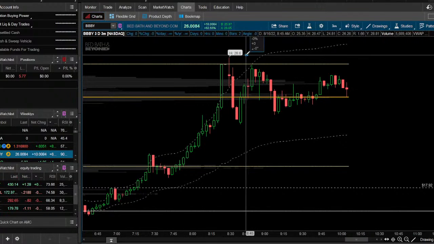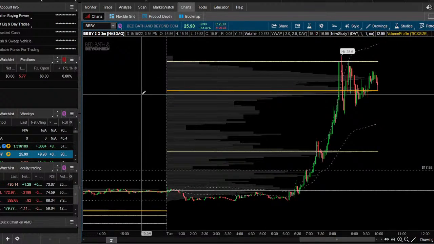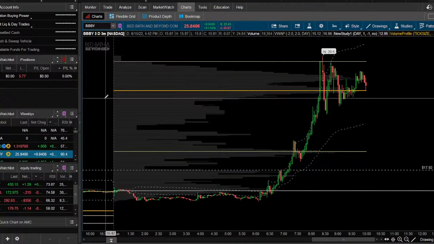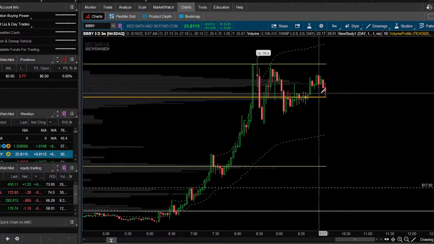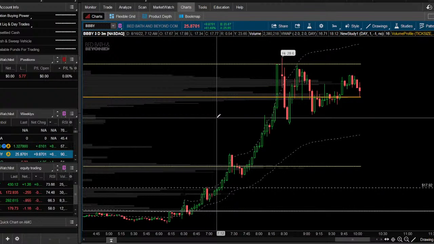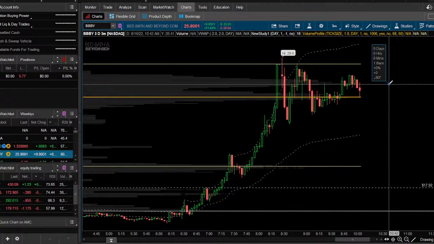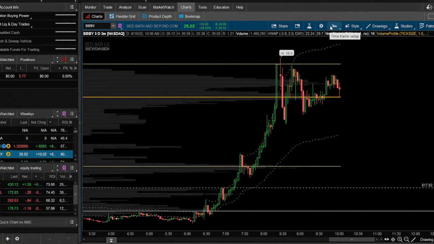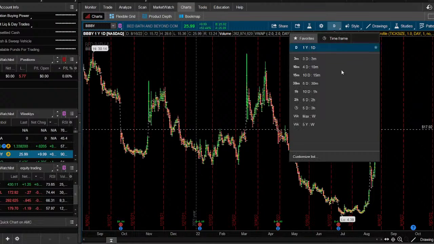Or who knows, the retail trader might want to buy this because they see it going up and they think it's going to go more up. I'm a retail trader as well, but the newer trader might want to go up instead of trying to short this. That is crazy though.